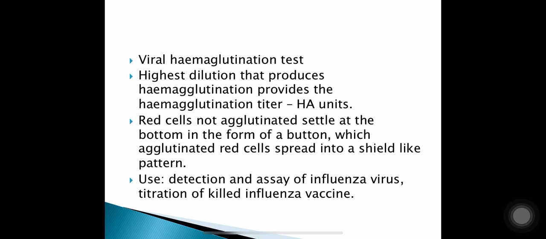Use of this viral hemagglutination test is for detection and assay of influenza virus, titration of killed influenza vaccine. Here you can see in this figure, in certain wells, the RBCs are settled down in the form of a button. These wells are not having hemagglutination property. In 4 wells, the RBCs are spread out in a shield-like pattern, and this is depicting the hemagglutination.